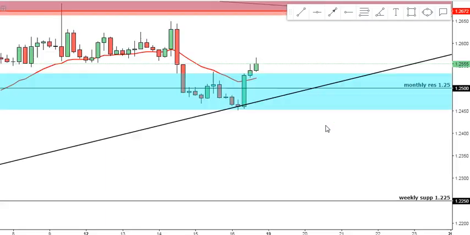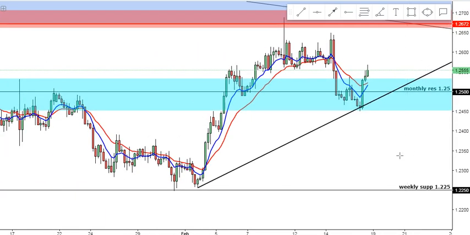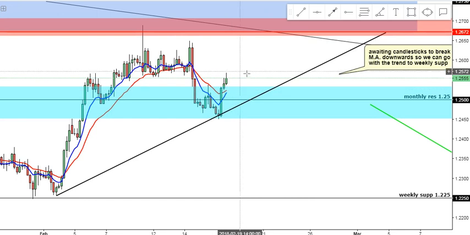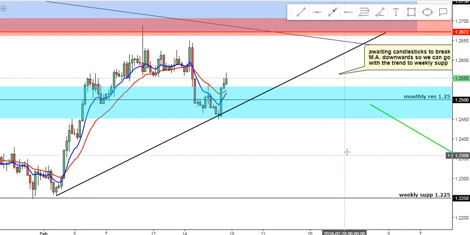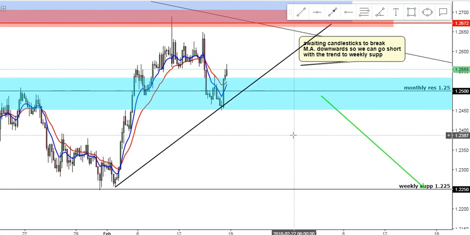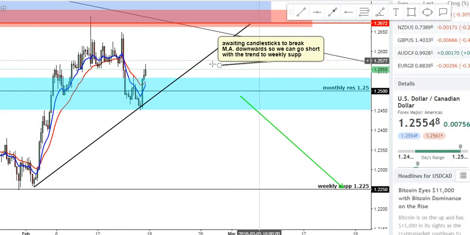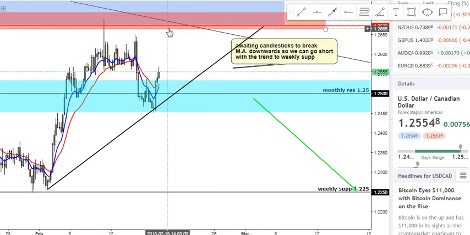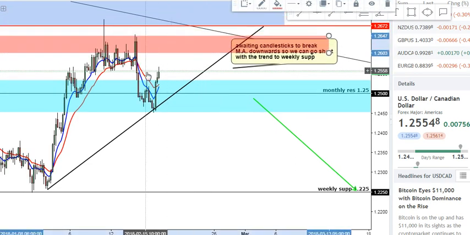So let's go on the 4-hour. Basically the same thing is going to happen on the 4-hour, waiting for a break through this and a new lower low. So that's USD CAD for next week. We're just waiting for the triangle to form like this, and then a breakthrough.